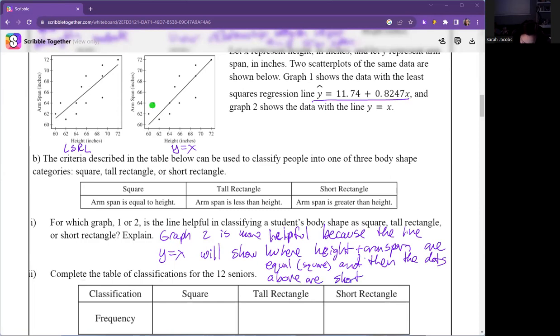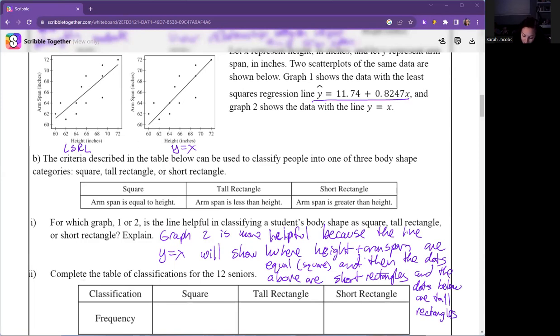If we looked at this, arm span is 64 right here, but the height is only like 61. Short rectangles. And the dots below are tall rectangles. Okay.